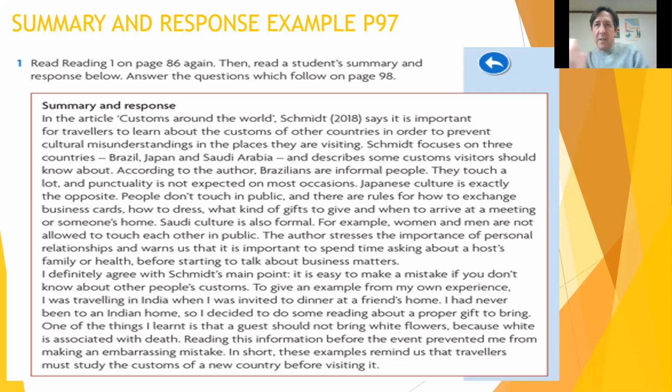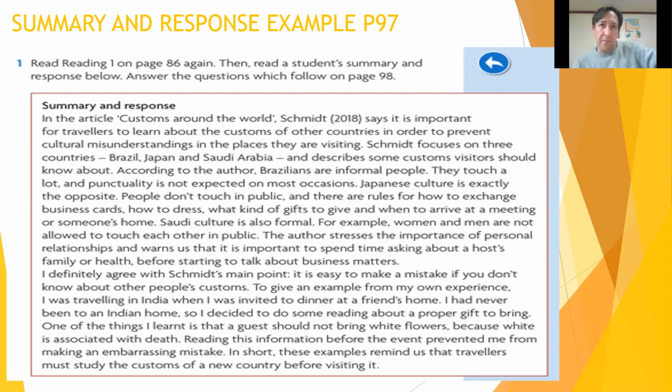So the second sentence, Schmidt focuses on 3 countries, Brazil, Japan, and Saudi Arabia, and describes some customs visitors should know about. According to the author, remember we talked about that expression? That was in the paraphrasing part on page 95.